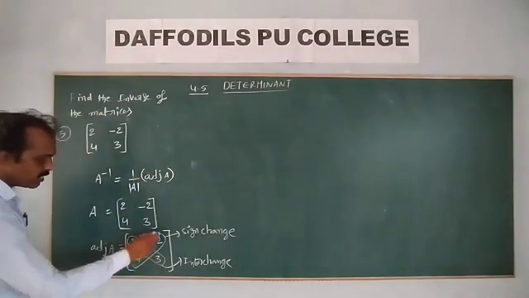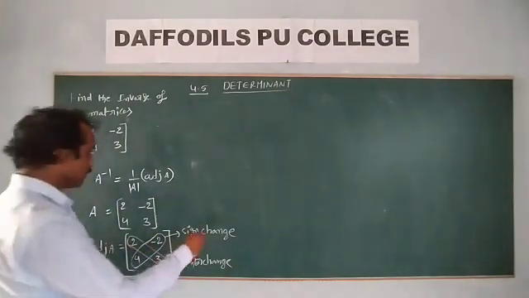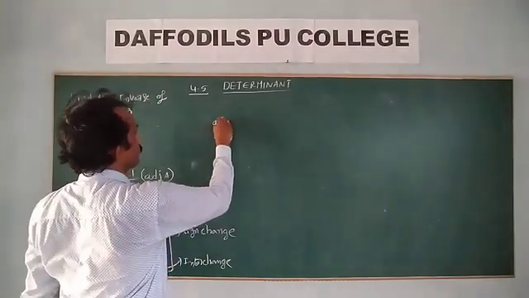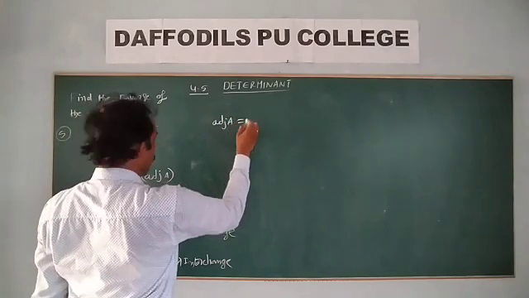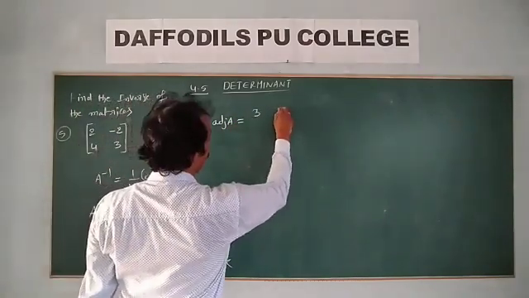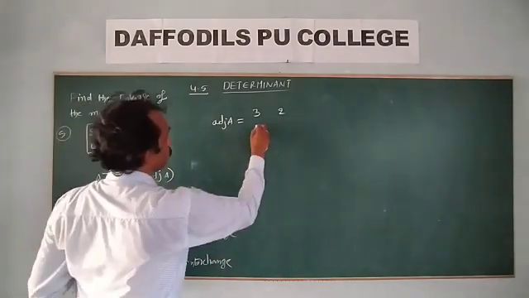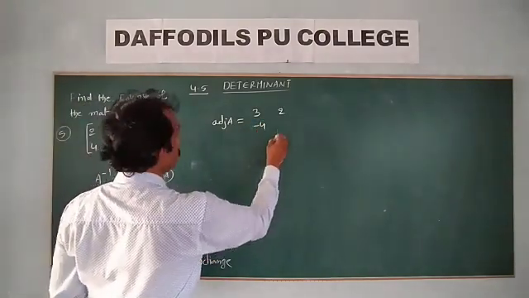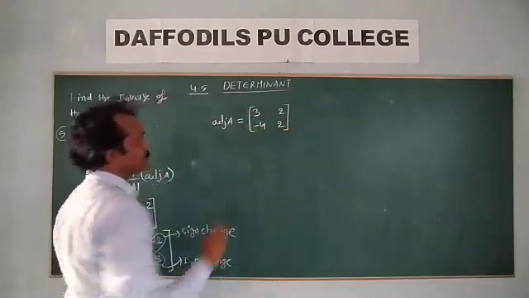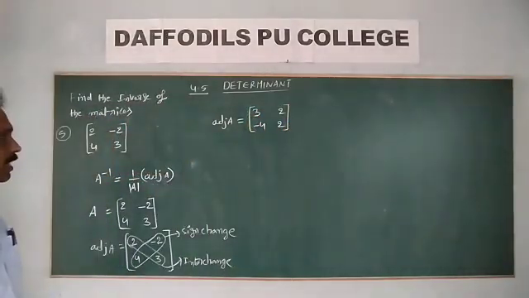These elements interchange, these elements sign change. That is adjoint A. Adjoint A is equal to 3, 2 with sign change, minus 4, 2. This is adjoint A.